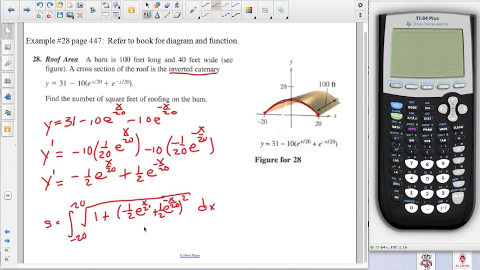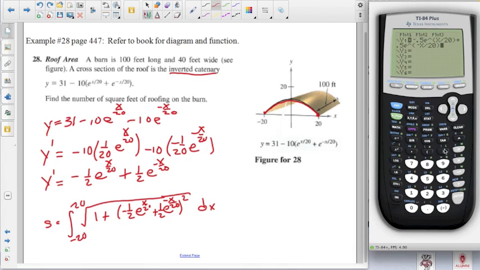And we could go ahead and FOIL this and evaluate this by hand, but I think this is where the power of the TI-84 is really well used, and that is I'm going to go ahead and in y1 put the derivative here, so it's minus 0.5 e raised to the power of x over 20 plus 0.5 e raised to the power of opposite x over 20.